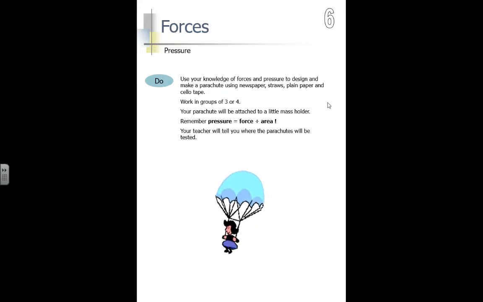So think about, what will I need to do if I basically want to make it so that there is the lowest possible force being applied to the ground. So think about it. How can you make a parachute so you probably maximize the surface area? Your teacher will tell you if your parachute is good. So if you upload a picture or a description, I will tell you if your parachute is good.